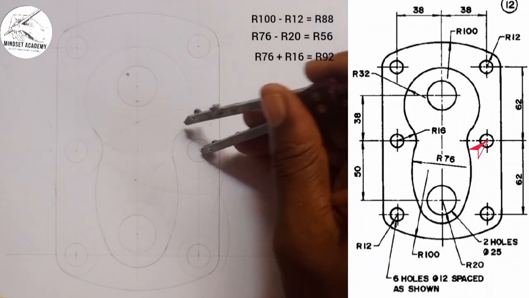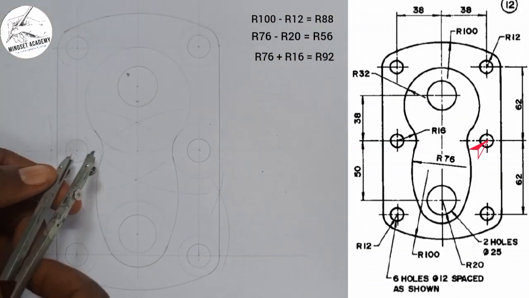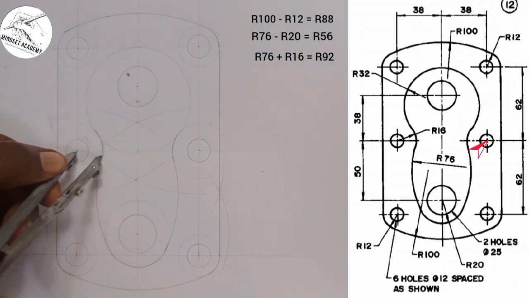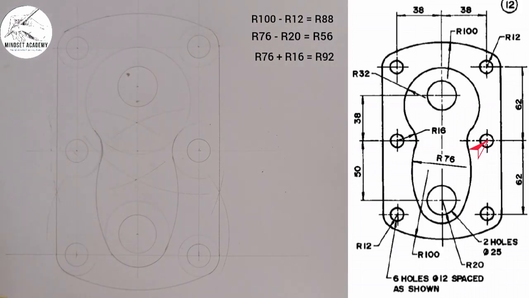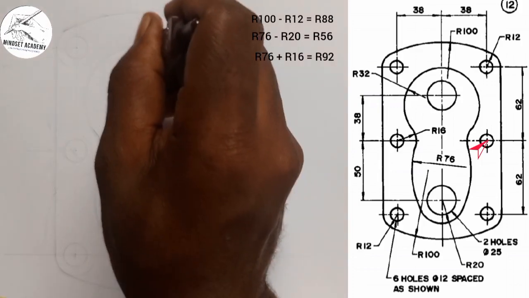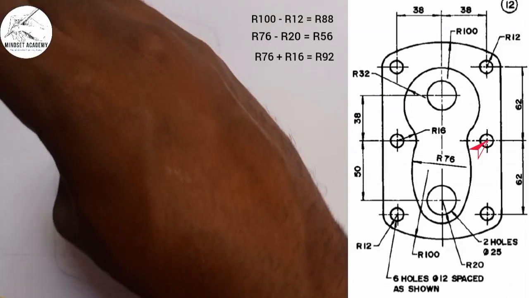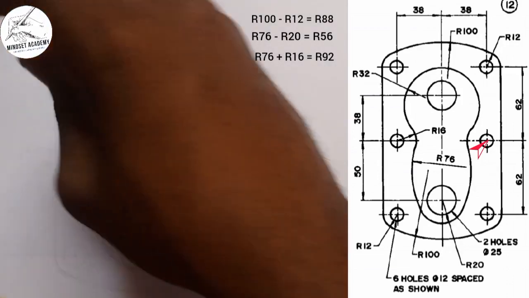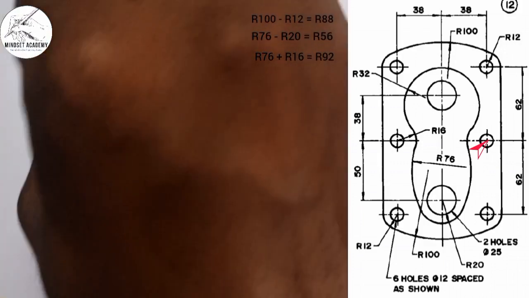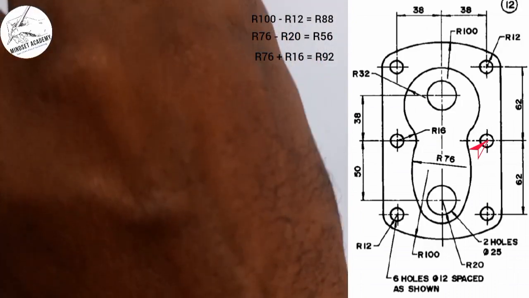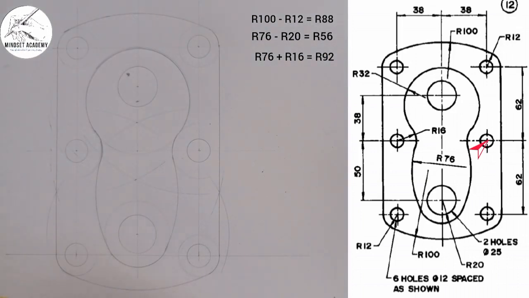And also complete this here. And also complete this here. Then complete this. Right? Then this is what we have here.